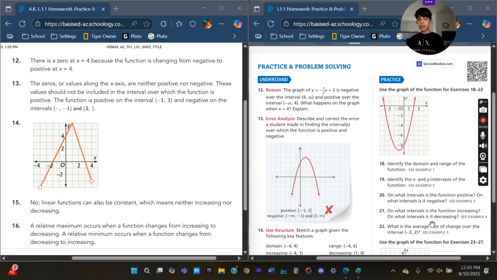Number 13 is one where a student made a graph and made an error while describing it. The error is where it shows the brackets for positive.